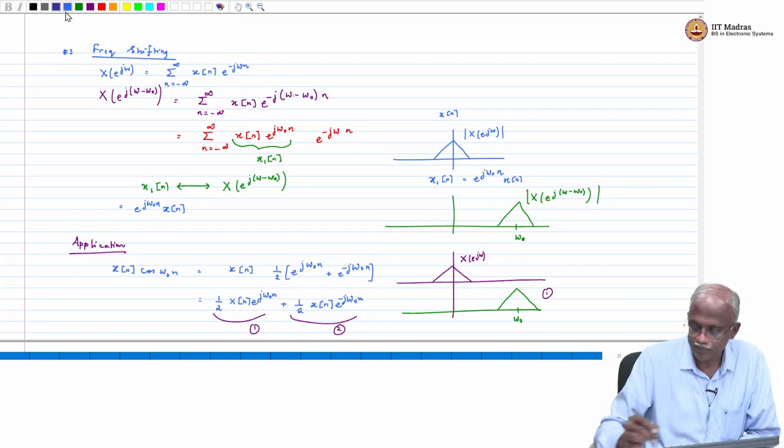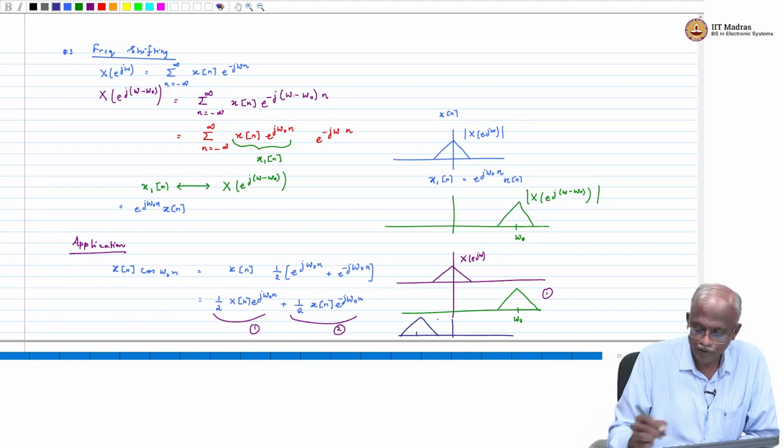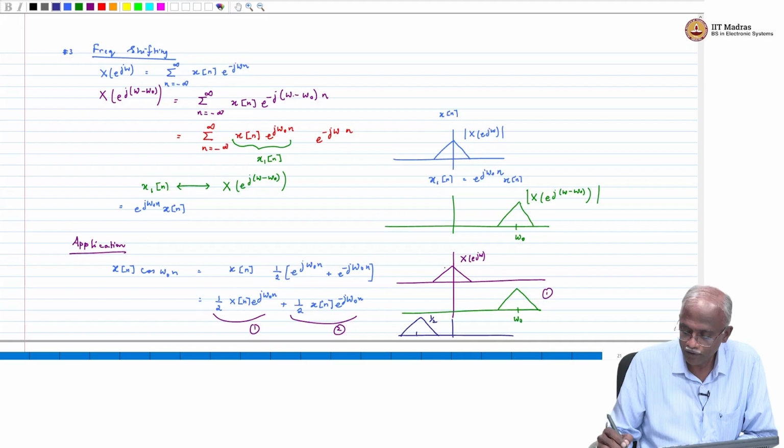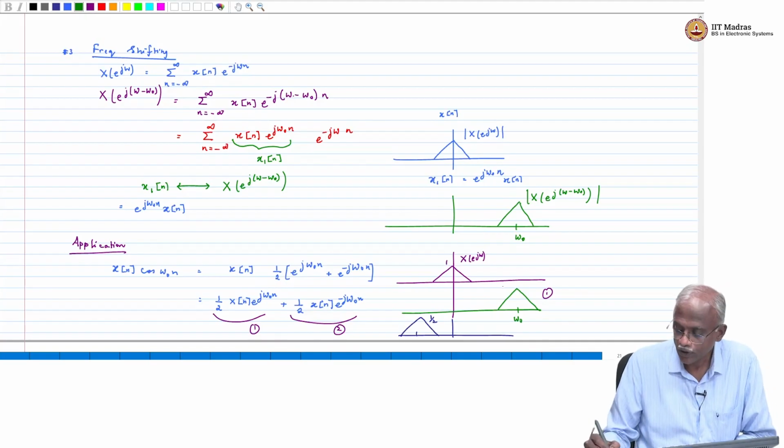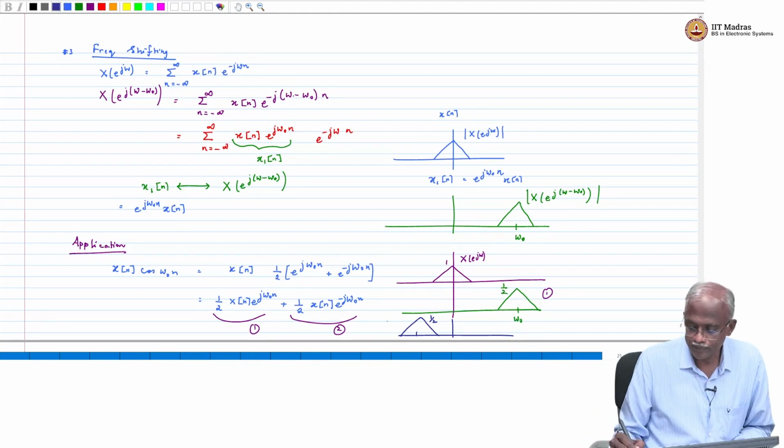The second term is on the other side, and each of them has a height equal to 1/2 if the original one has a height of 1. So the green also has a height of 1/2. Remember the scale factor. So this is the second term.